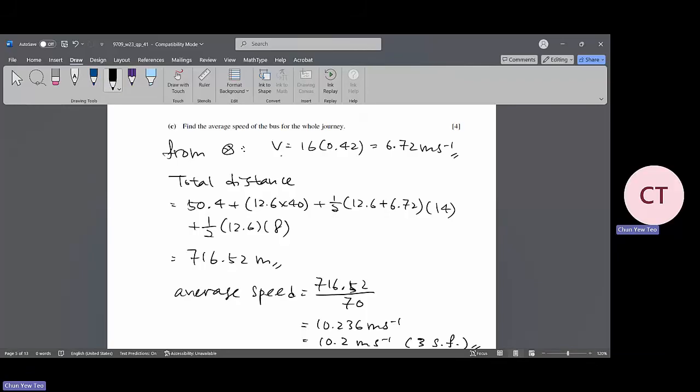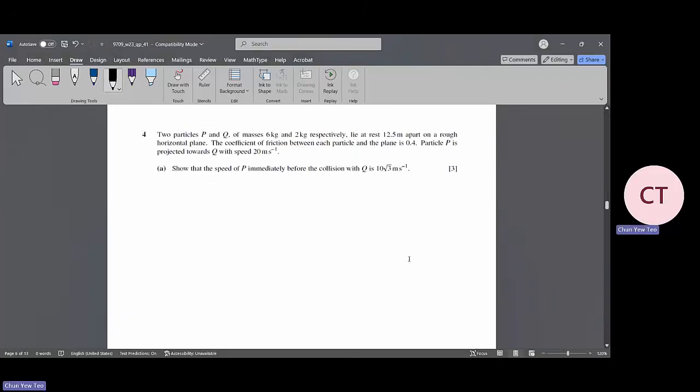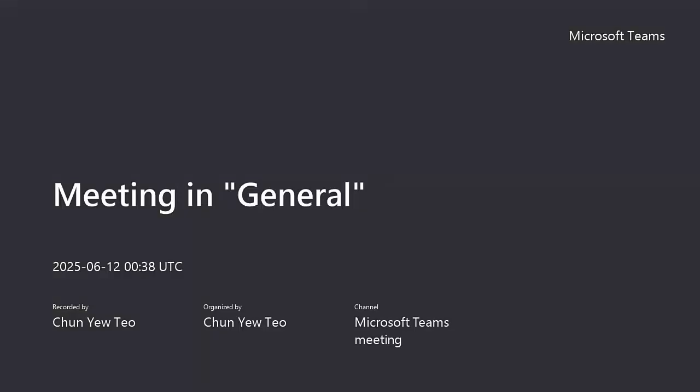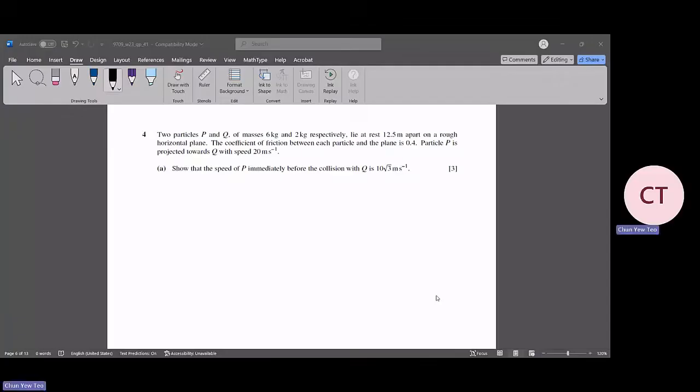And moving on, we have question number 4. Two particles P and Q of masses 6 kg and 2 kg respectively lie at rest 12.5 meter apart on a rough horizontal plane.